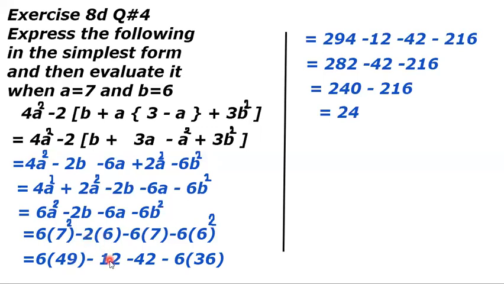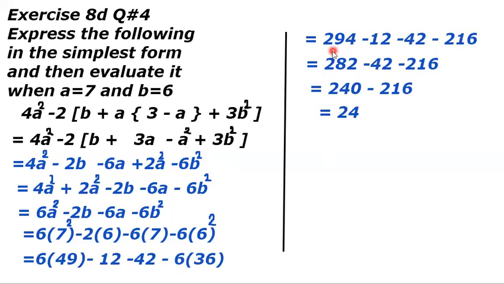Now 2 times 6 is 12, 6 times 7 is 42, and first we will solve the square. 6 square doesn't mean 6 times 2, 12. No, 6 square means 6 times 6, that is equal to 36. Okay, in the next step 294. 6 times 49 gives us 294, minus 12, minus 42 as it is, and minus 216. 6 times 36 gives us 216.